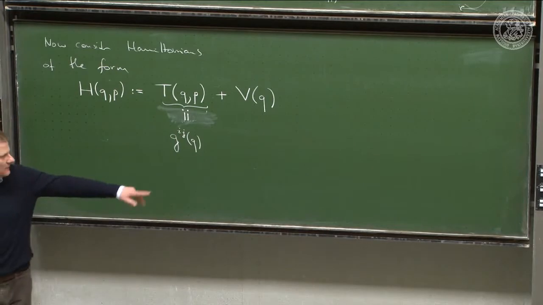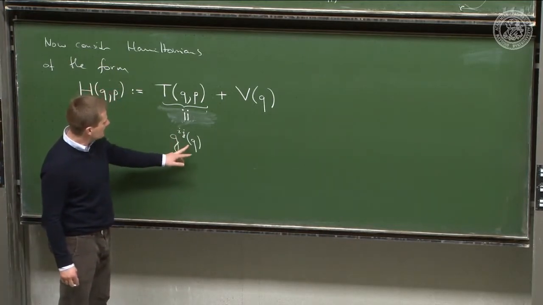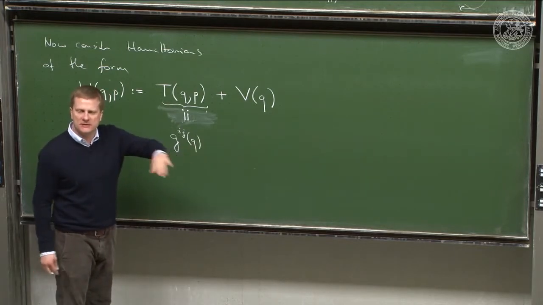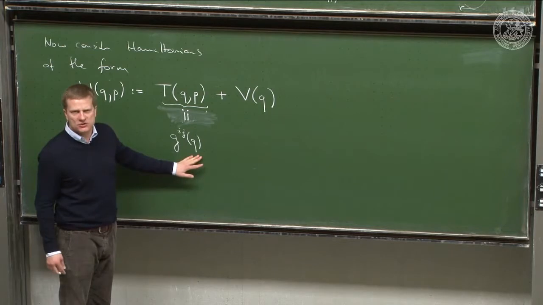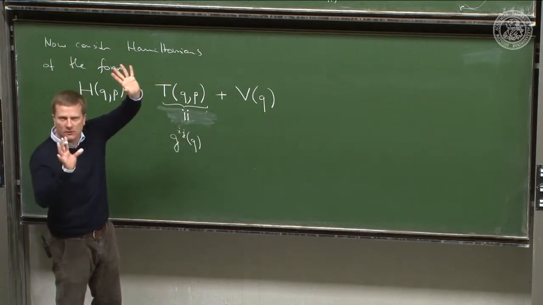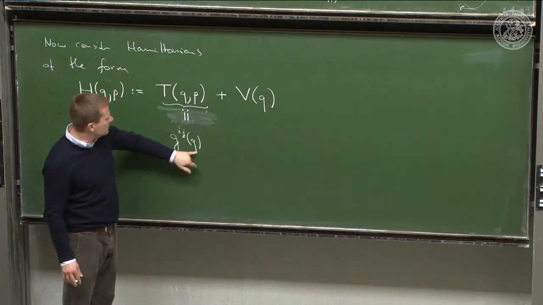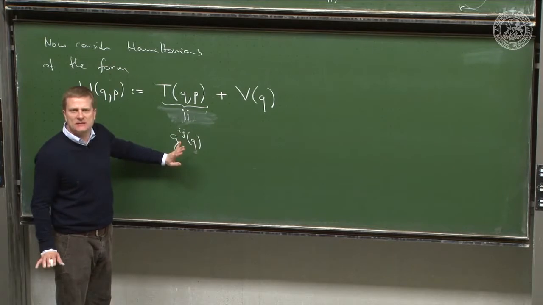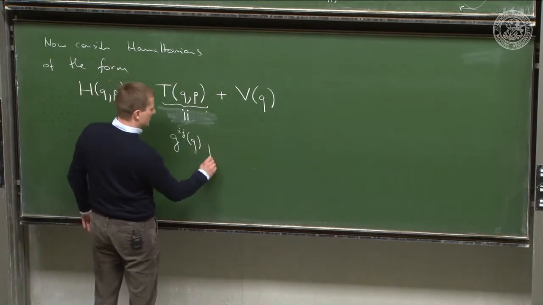Before, in the example, we made this metric on the configuration space independent of the position in suitable coordinates. Now we no longer assume that such suitable coordinates exist. There will still be the Darboux coordinates, but it doesn't mean that on the Q space alone these factors are independent of Q, that you can find such coordinates. We'll allow this to be like this.